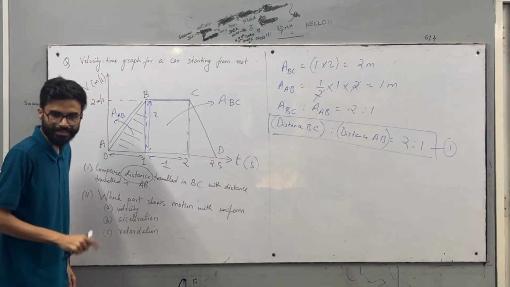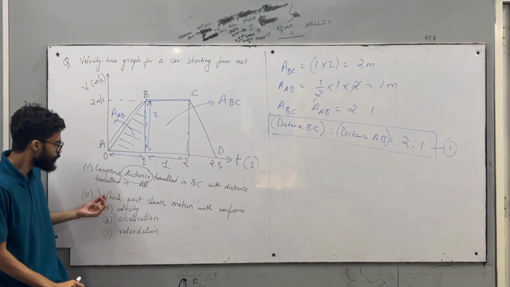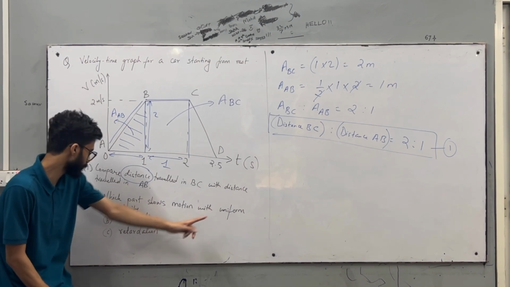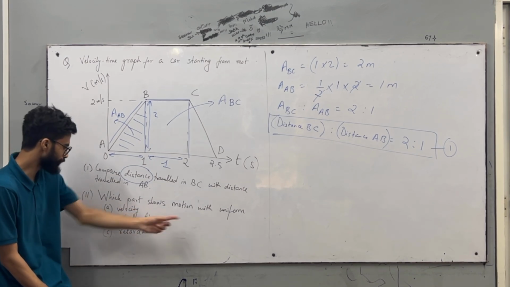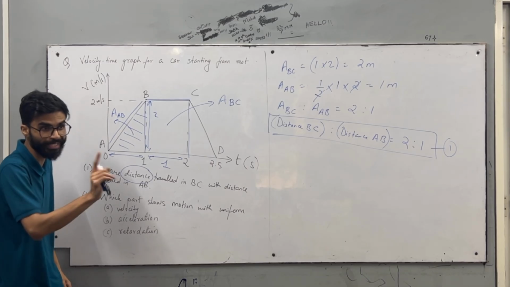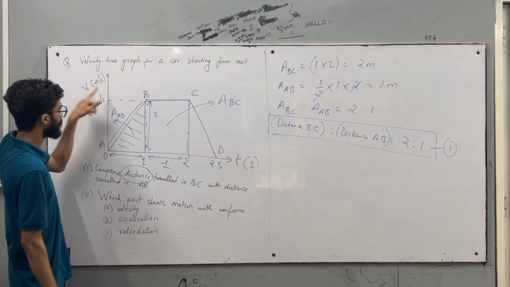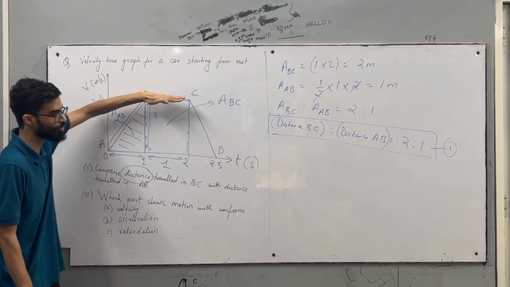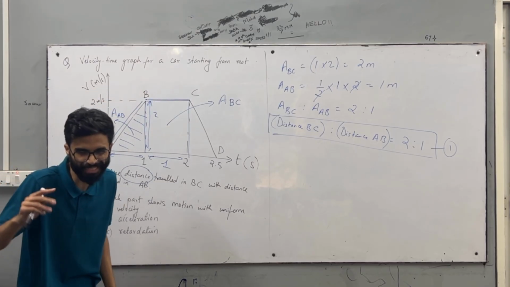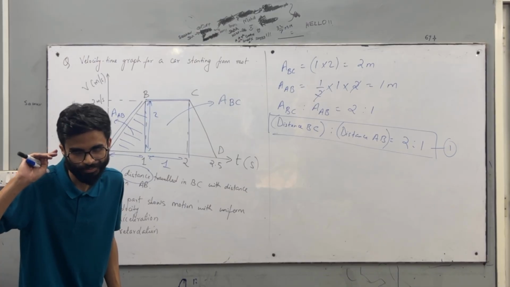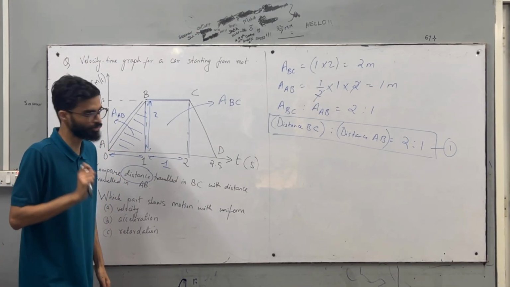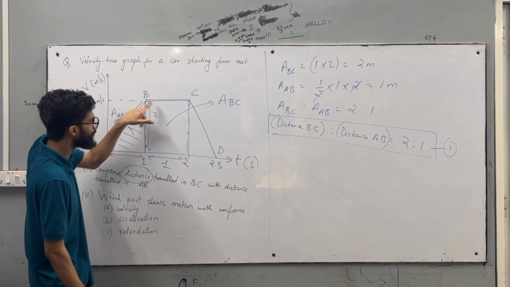Now let's understand this. Which part shows motion with uniform velocity, uniform acceleration and uniform retardation? अभी देखो uniform velocity के लिए my y quantity which is velocity always has to be same. So it will be a straight line parallel to x-axis. So this is BC.